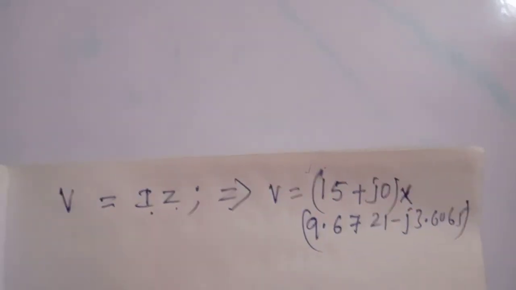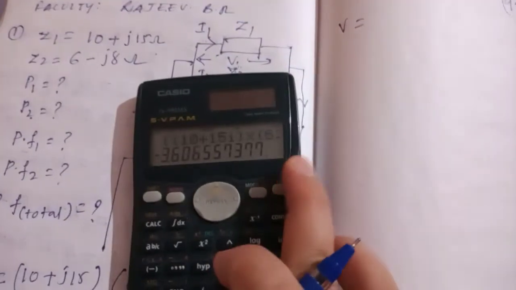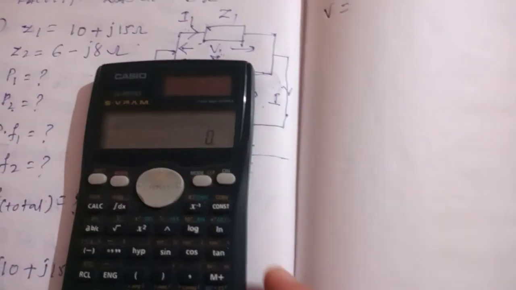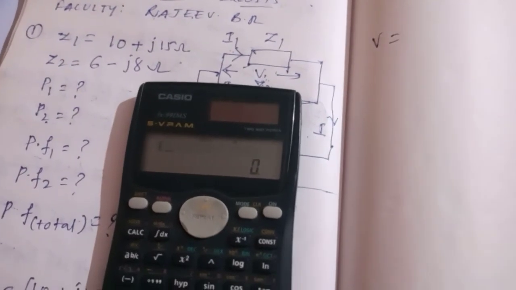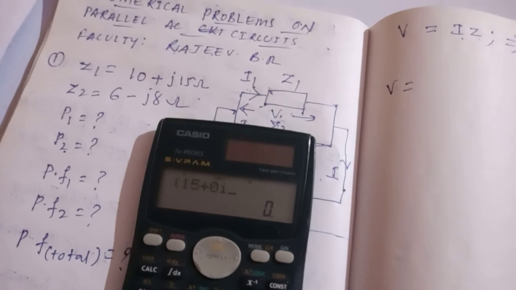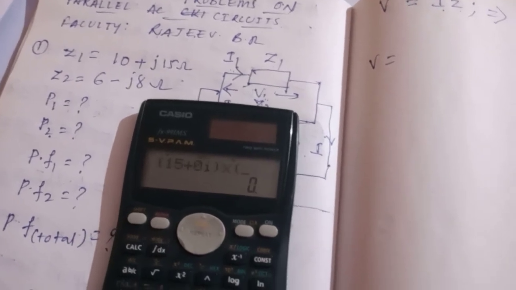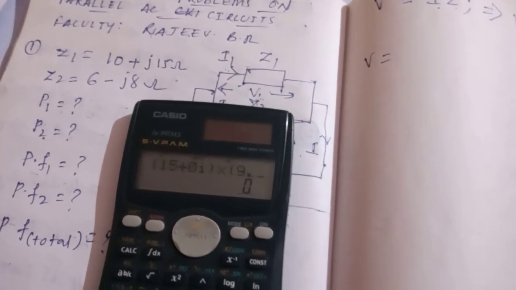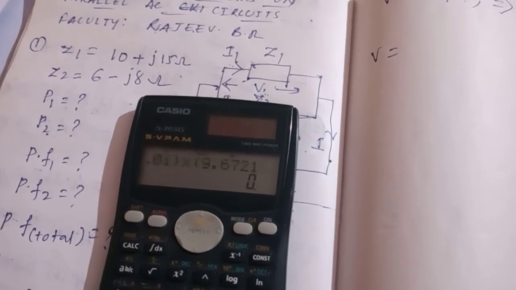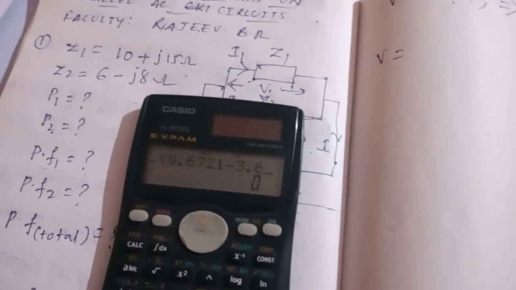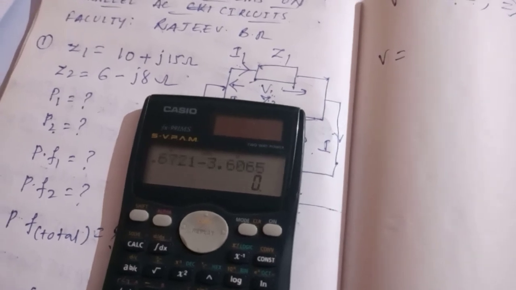Again I will do this in the complex mode. So open bracket, 15 plus 0i into 9.6721 minus 3.6065i.